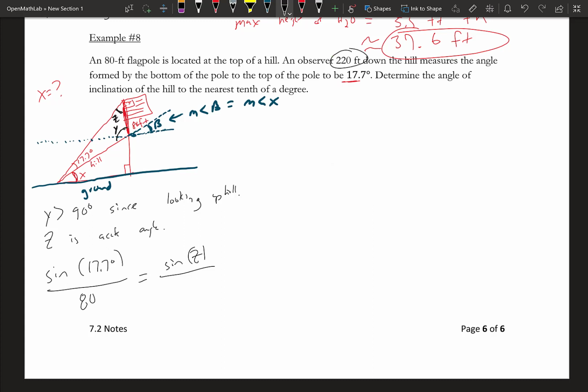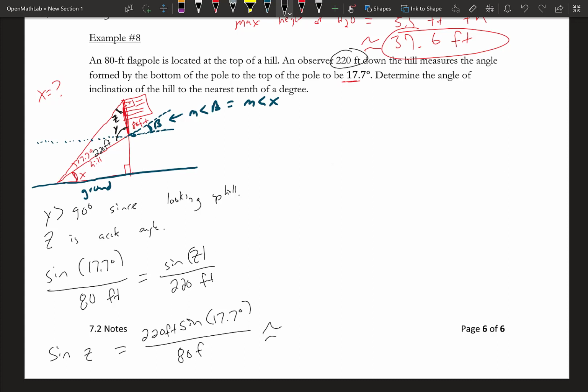That's important, right? We're 220 feet down from on the hill, so that'd be 220 feet here, and this is 80 feet. So then sine of z would be equal to 220 times the sine of 17.7 degrees divided by 80 feet.